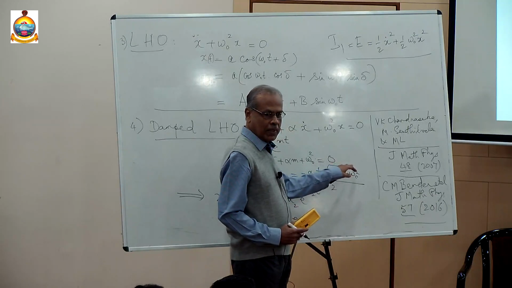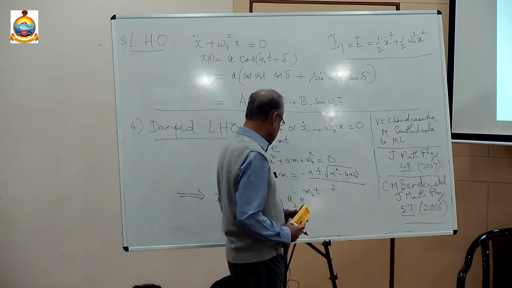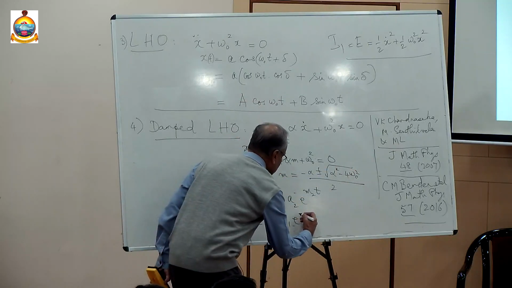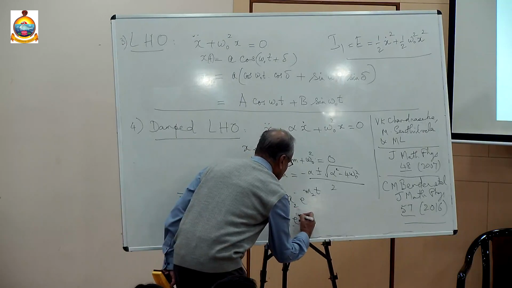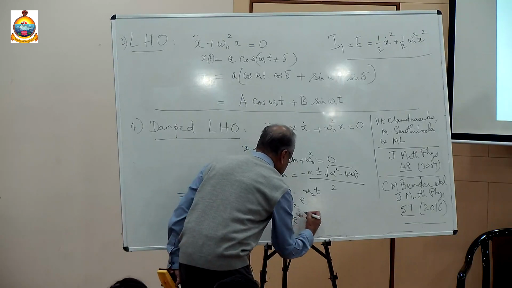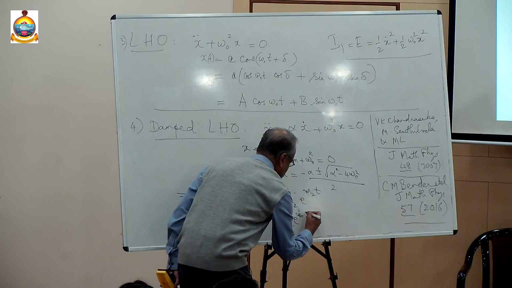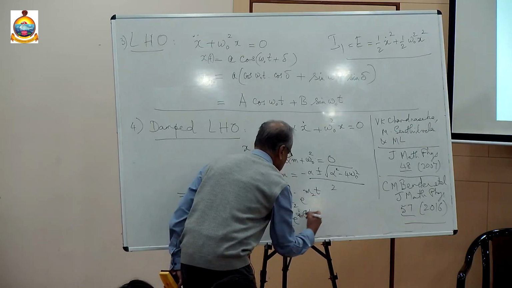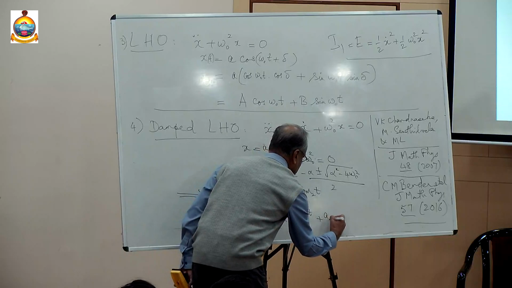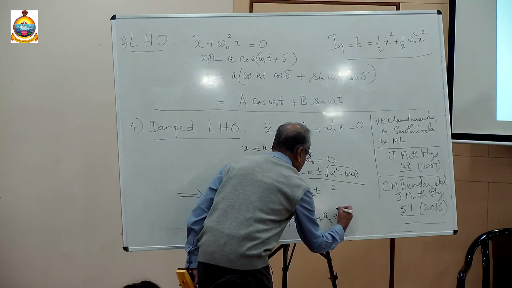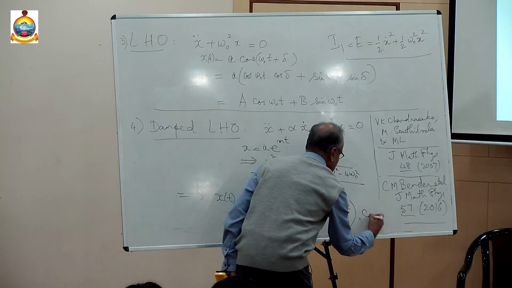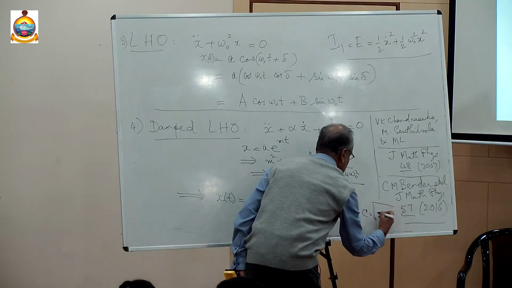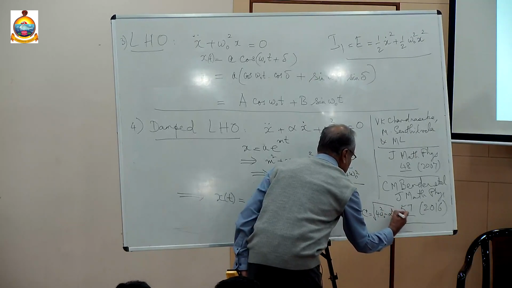This quantity becomes pure imaginary. So you have e power i c t plus A2 e power minus i c t, where c is the square root of 4 omega naught square minus alpha square.